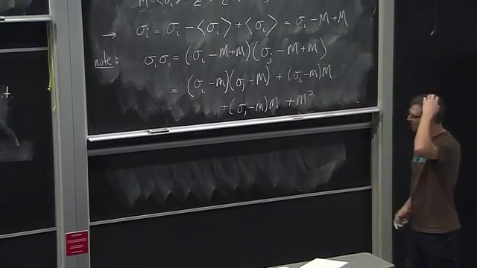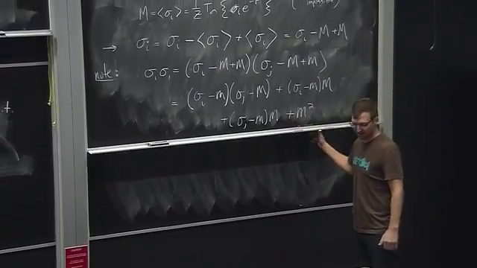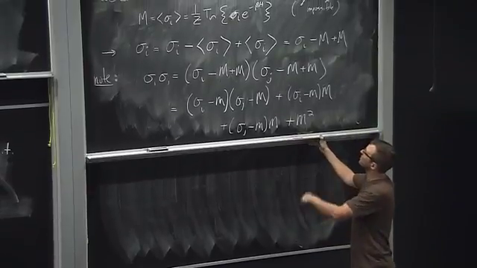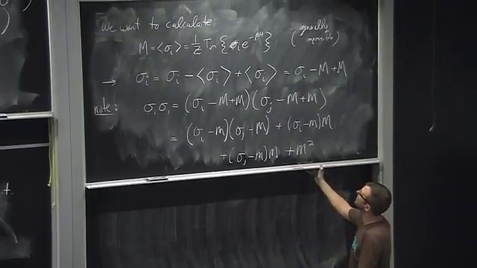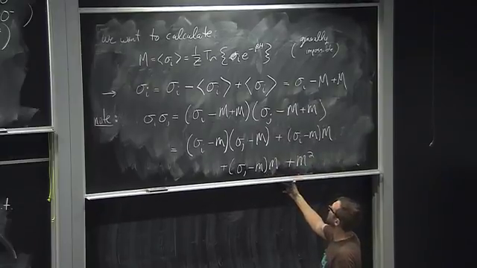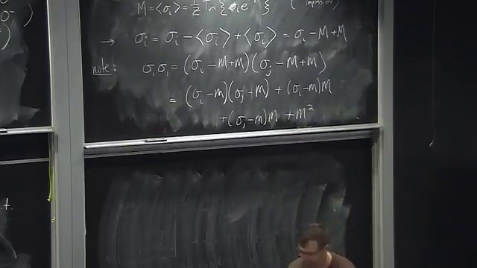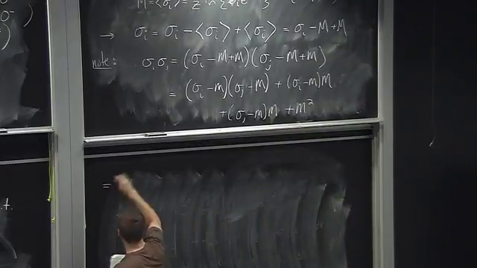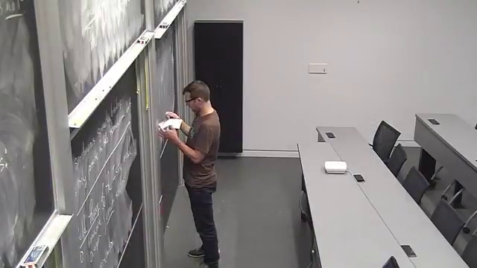Okay. One more step. Let me group together terms. Okay, what do I have here? Right, so I have minus 2m squared from these two terms. So let me write those out. So that's, oops.